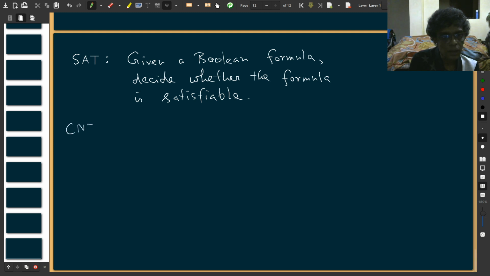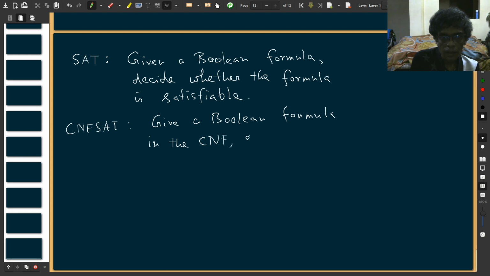CNFSAT, same thing, except that given a Boolean formula in the conjunctive normal form, decide whether the formula is satisfiable.